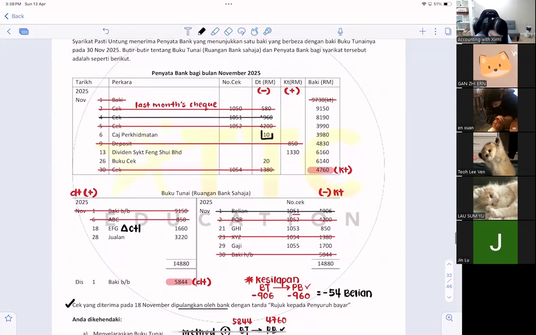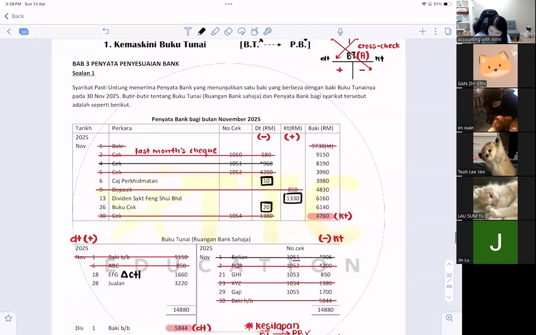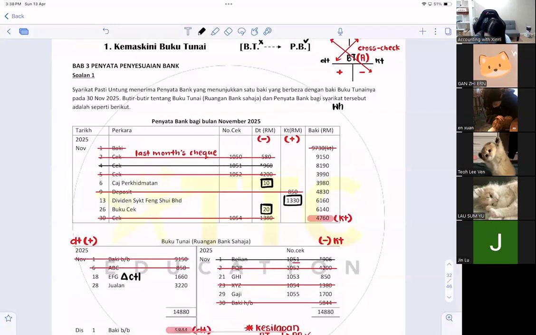Okay, so now that we have completed that, what I will tell you is, if you want to find ketinggalan, you will find it from Penyata Bank. What's remaining of Penyata Bank will always be ketinggalan. Why? Because if you remember, ketinggalan's concept is a missing record of your Buku Tunai.